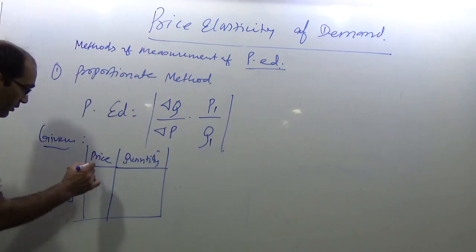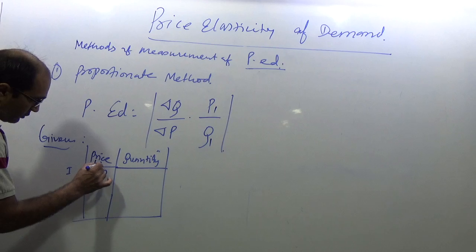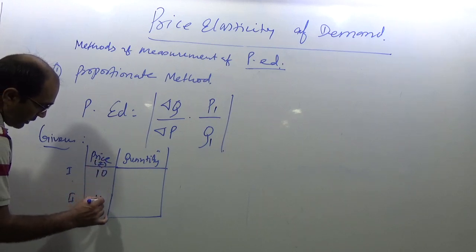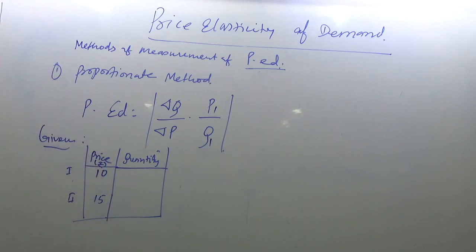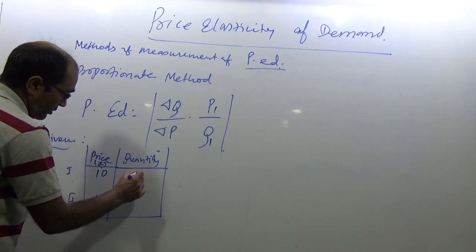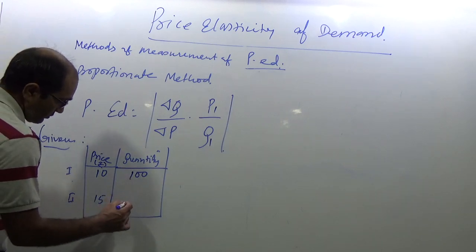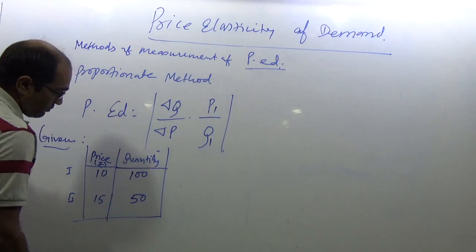So suppose the first price is ₹10, price in rupees, and the second price is ₹15. First quantity is 100 and second quantity is 50.